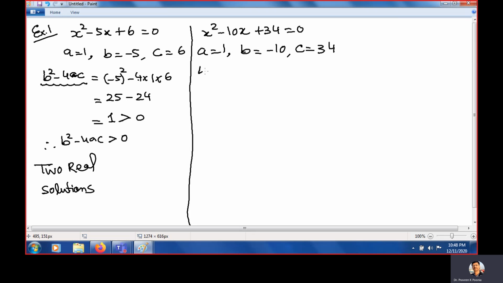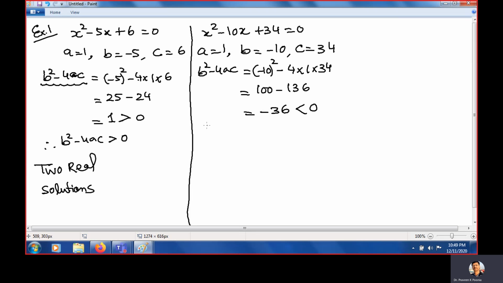Clear? Now b square minus 4ac. b square means minus 10 whole square, 4 into a is 1, c is 34. So minus 10 whole power 2 is 100, minus 4 into 1 into 34 is 136. What are you getting? Minus 36.